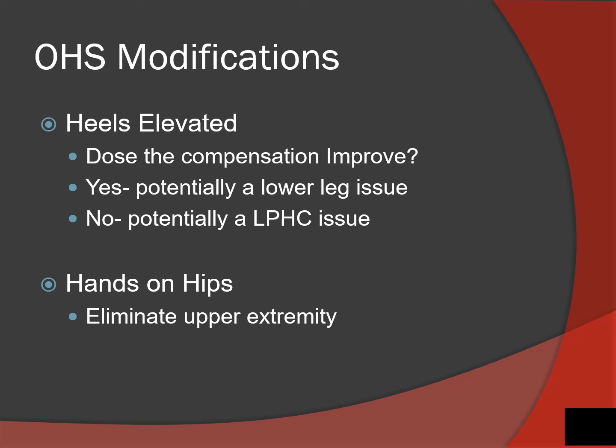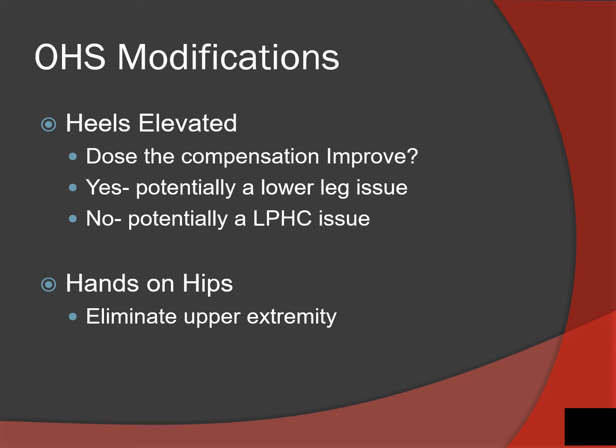So, for example, they have a movement compensation. You put them elevated, and they don't have a compensation with the board under. Well, there's something going on with the ankle. Typically, it's some muscle imbalance, something that's tight.